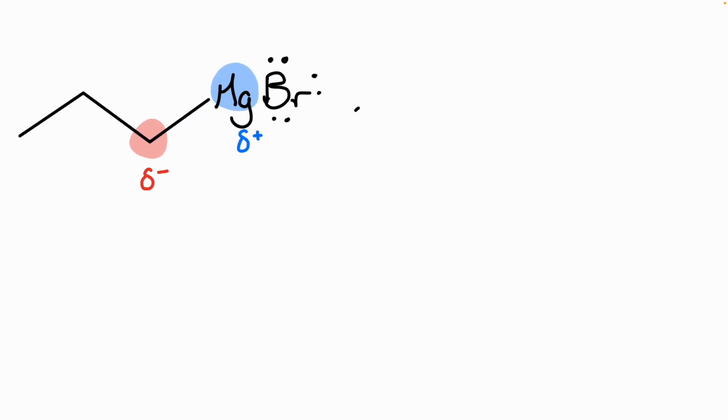So much so that sometimes you will see these Grignard reagents drawn in resonance with a carbanion salt form here, where my carbon now has a net negative charge and is ionically bonded to that magnesium bromide.